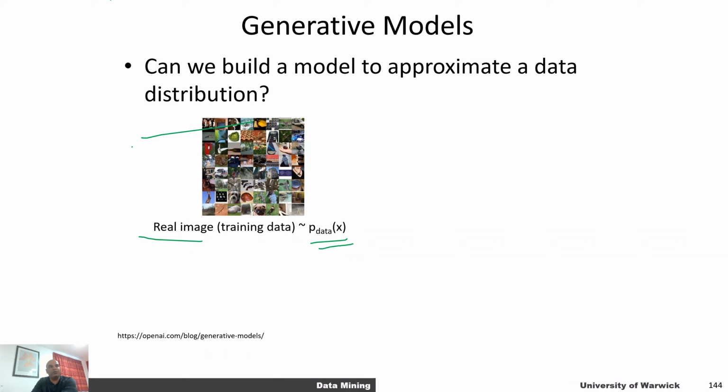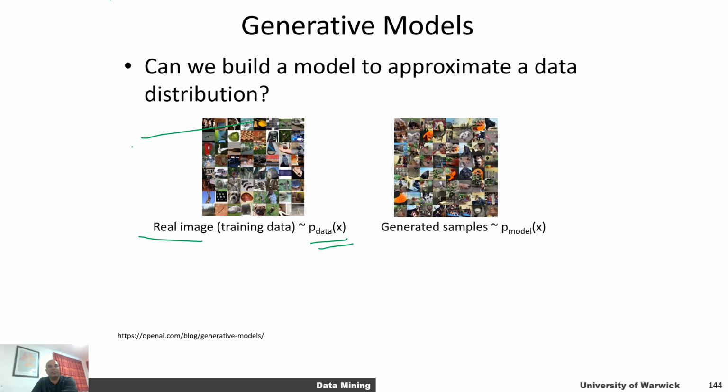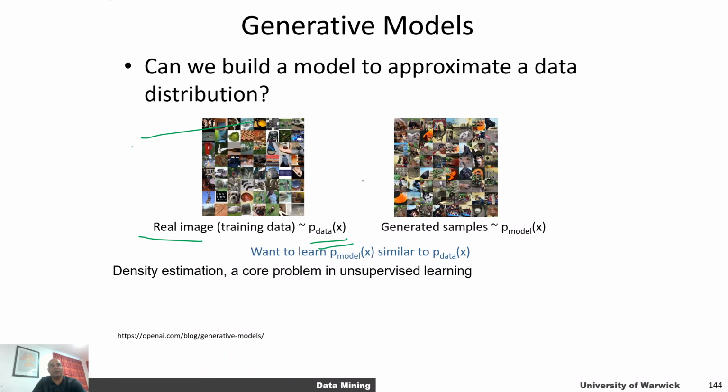We want to design a machine learning model which can generate images like this one, so that they have a probability distribution p model of x. And we want this probability distribution to be similar to the data distribution, or the distribution of the generative process in real life.